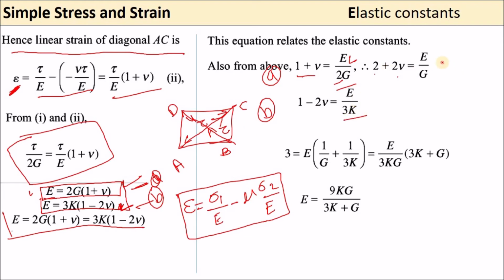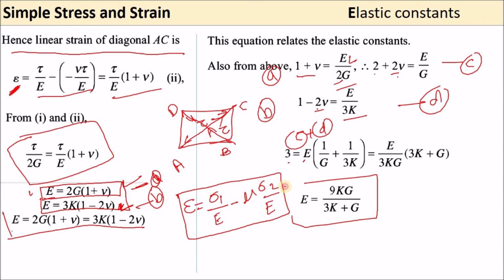If you add equation C and equation D, we will get 3 equal to E, both the E are common, in bracket 1 by G plus 1 by 3K. Here this 2 mu and this 2 mu will cancel because one is minus, one is positive. Okay, from that we got this one. If you solve, you will get it this way.